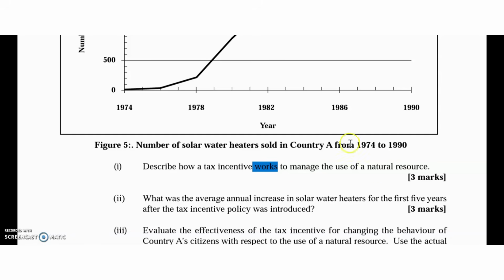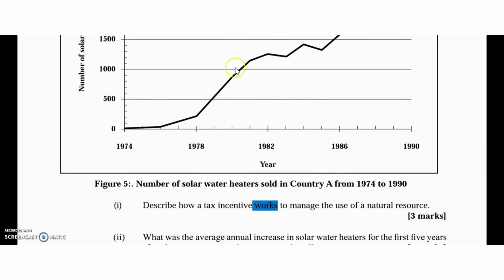Now, part 2: what is the average annual increase in the solar water heaters for the first 5 years after the tax incentive policy was introduced? Class, they're actually talking about the first 5 years. The tax incentive was introduced in 1978. Then we're talking about 5 years after that, which is 1979, 1980, 1981, 1982, and 1983.